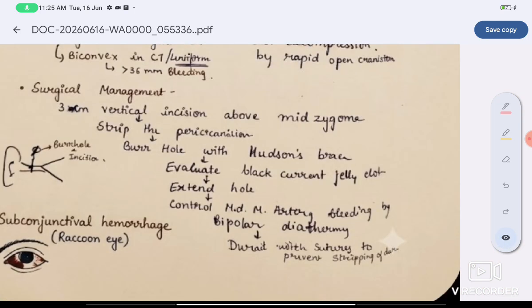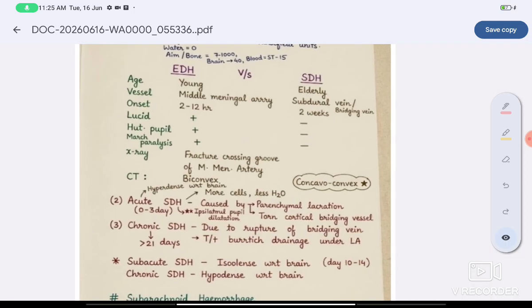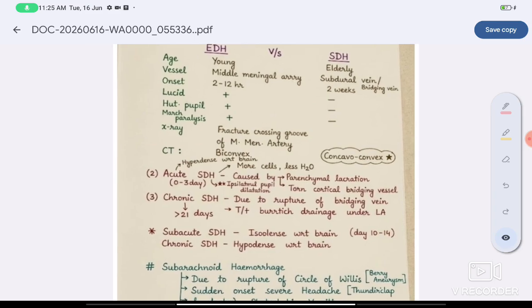Moving further, there is a difference between extradural hemorrhage and subdural hemorrhage. Subdural hemorrhage occurs below the dura mater. EDH is seen in young patients. It is a very important table. Please try to remember as much as you can. The vessel involved is the middle meningeal artery.